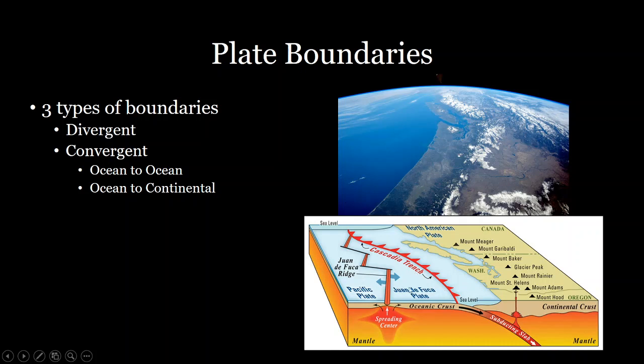So the Juan de Fuca plate, which is the smallest plate in the world, is subducting below the North American plate. And very soon, or I guess soon in terms of geologic time, millions of years, this plate will be completely subducted down underneath the North American plate and will melt away and be replaced with newer Pacific plate.